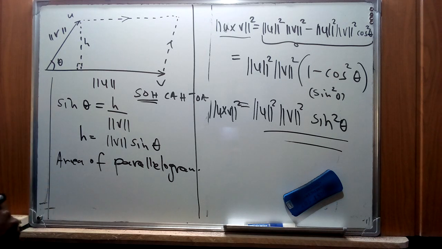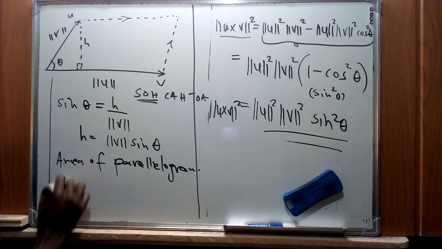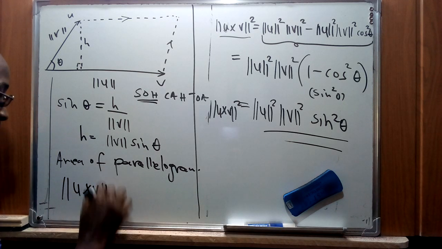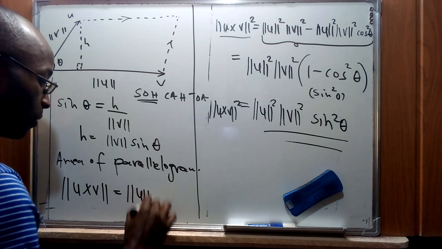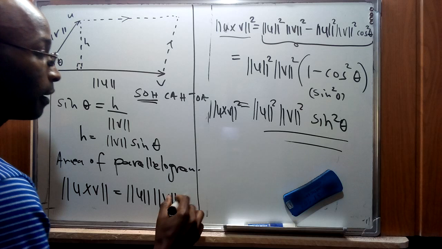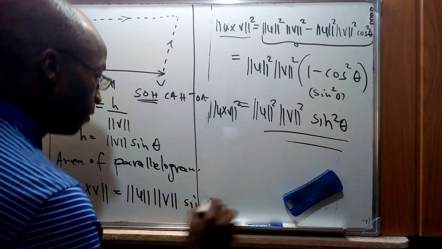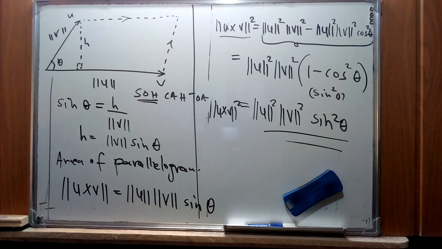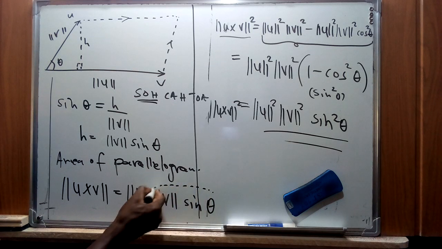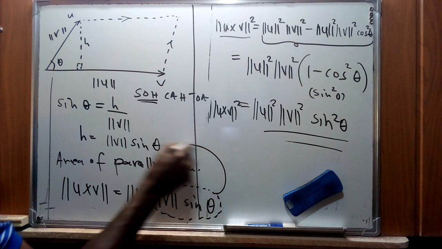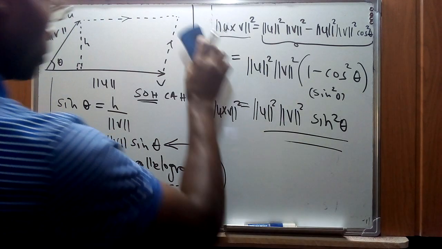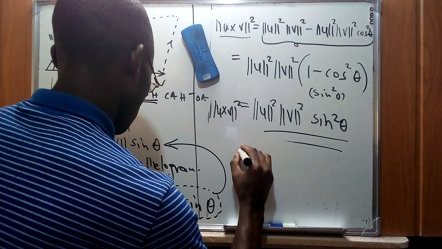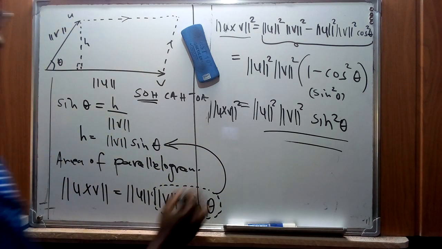So we can conclude that u cross v from this specific point is given as the norm of u, the norm of v, the sine of theta. But if you look at this section of the formula together with what we have already found at this specific point, then it will be correct for us to conclude that this section of the formula represents the height.